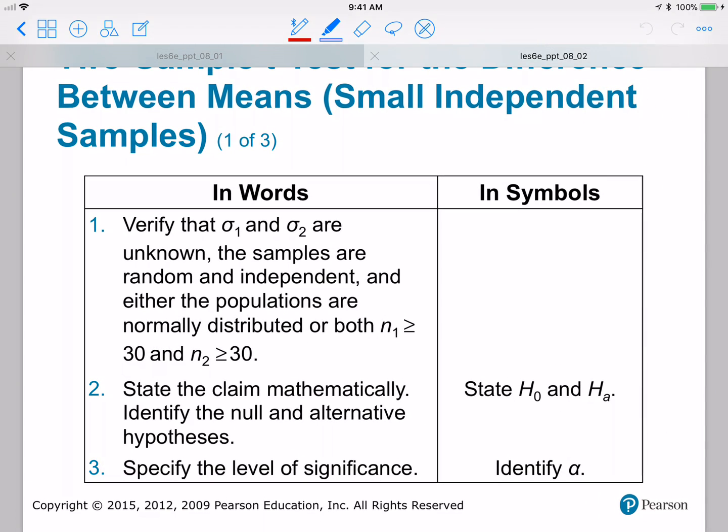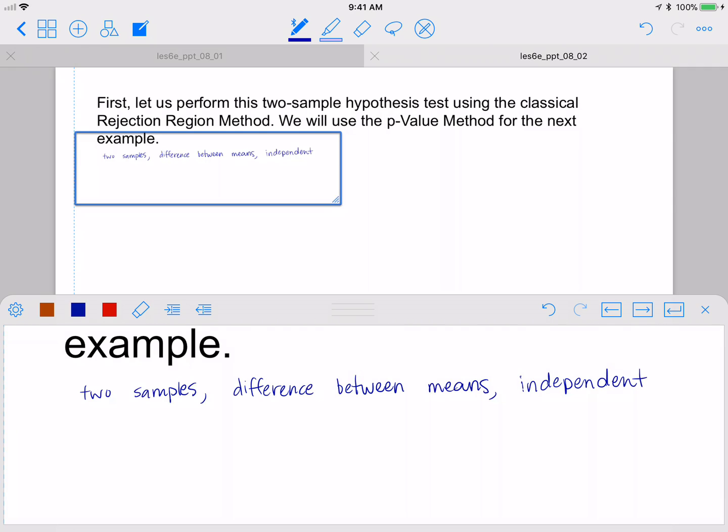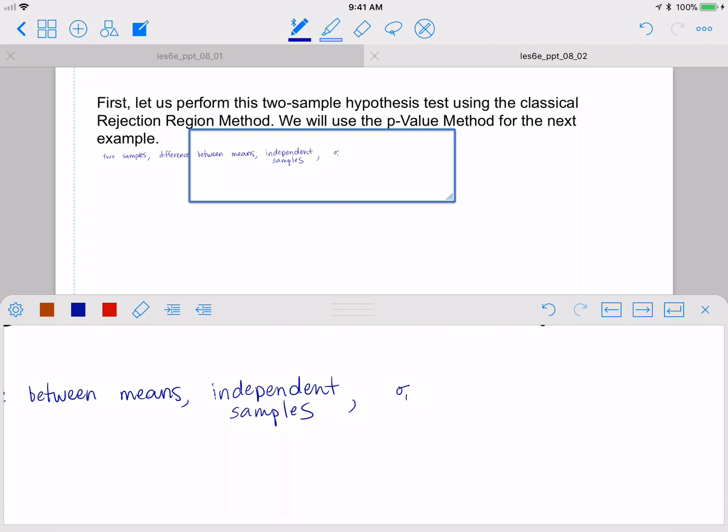Okay, so that's asking a hypothesis test with two samples for the difference between means, with independent samples, and with sigma 1 and sigma 2 unknown.